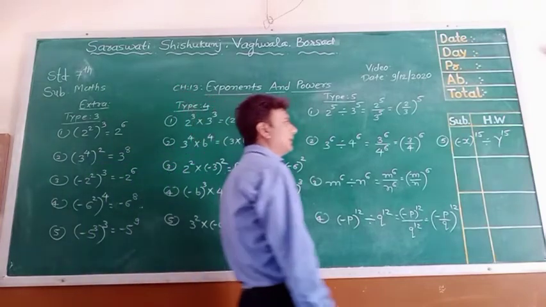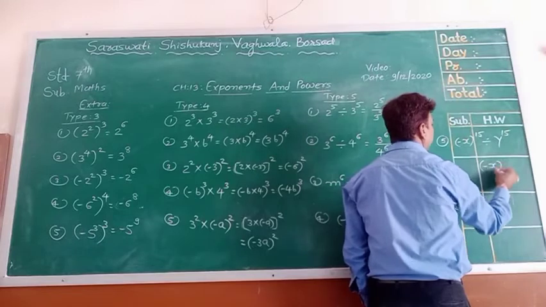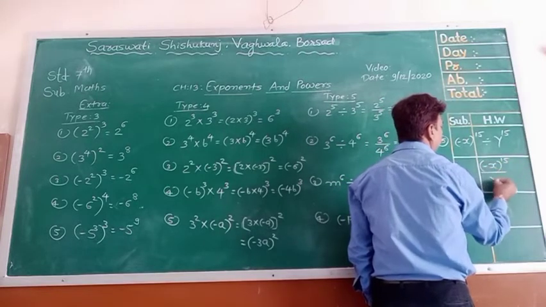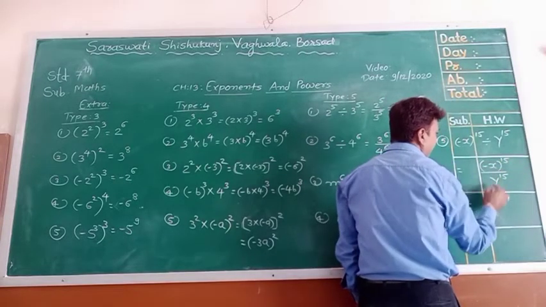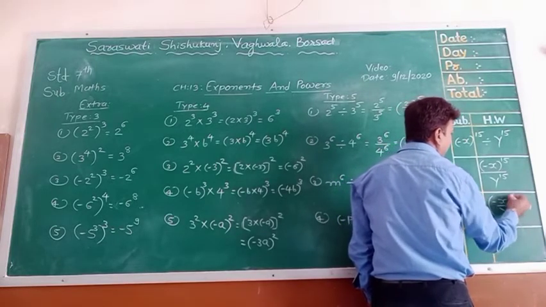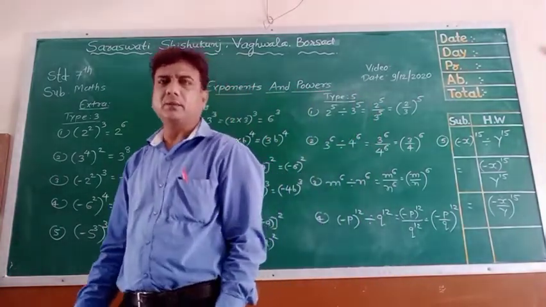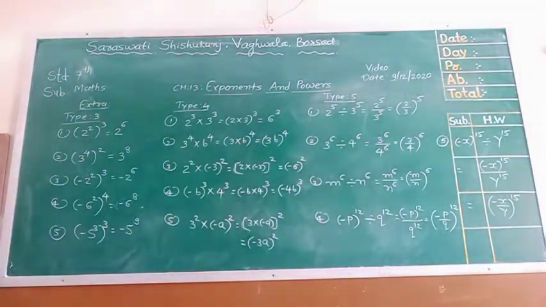Minus x raised to 15 divided by y raised to 15, so minus x upon y raised to the common power 15. So all these rules we apply here to solve this sum.